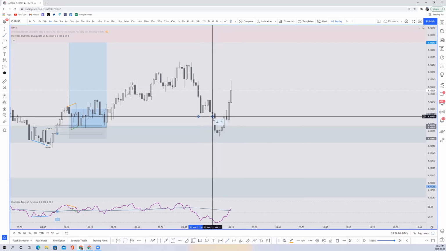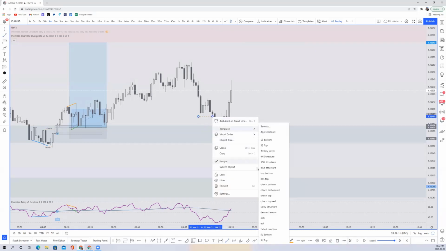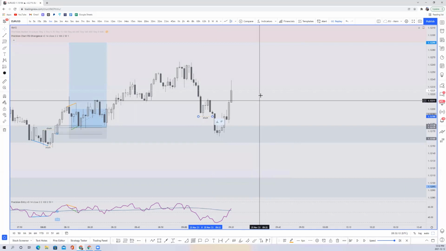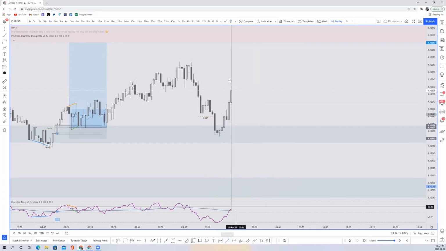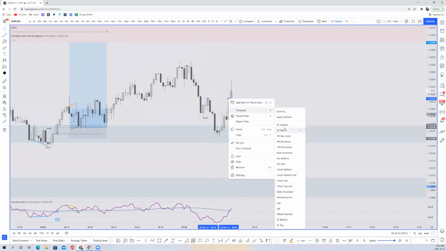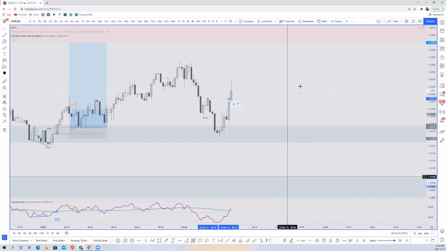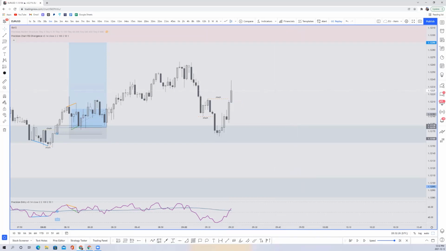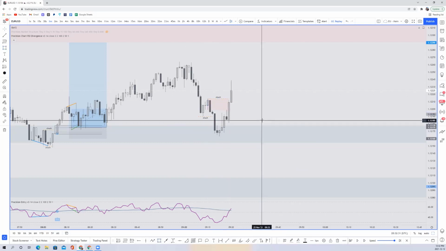Oh man, these orange lines got to go. We have that change of character, so we have a flip zone here, right? You have change of character and you have a flip zone.